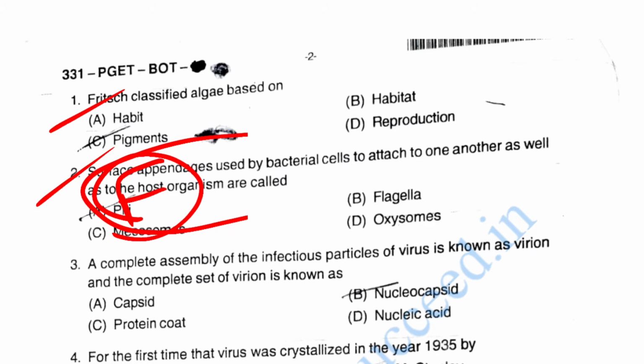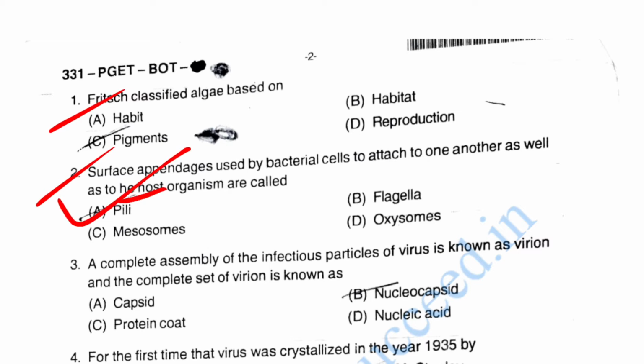This is the sex pilus, called pili, or sex pilus in the singular. With the help of this sex pili, it attaches to the other bacterium. So our answer is pili, option A. Clear?